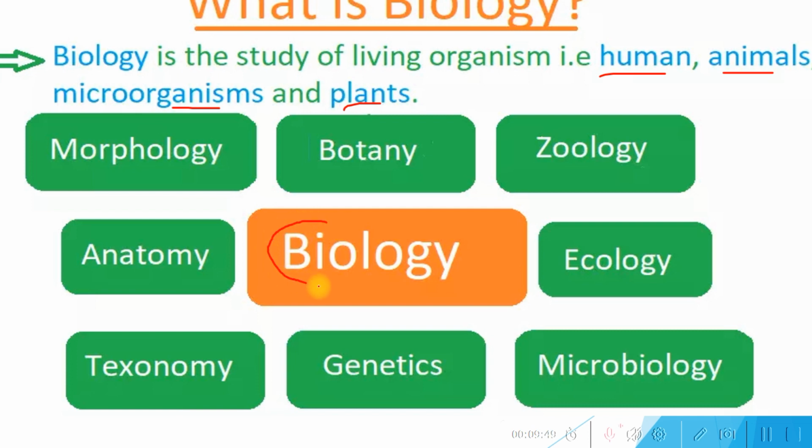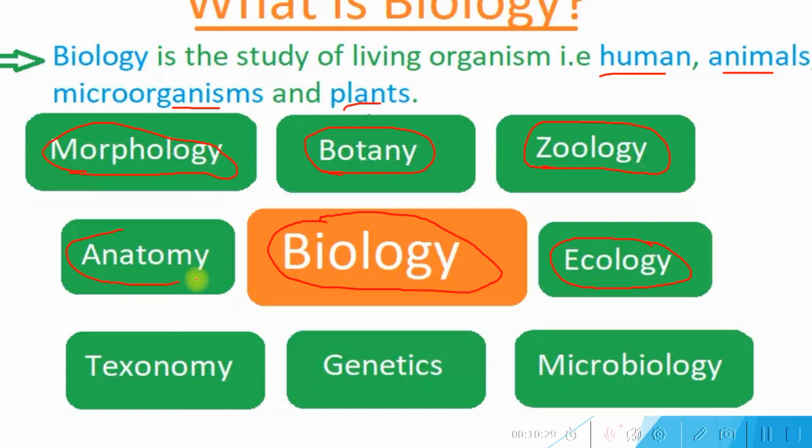So, in addition to the definition of biology, let's add some points regarding the fields of biology. Look here, the central point is biology, but it has different branches. The first branch is known as botany, which studies plants. The other is known as zoology, which studies what? Animals. Ecology studies organisms and their interaction with the environment. Morphology studies the external features or external structures of living things.